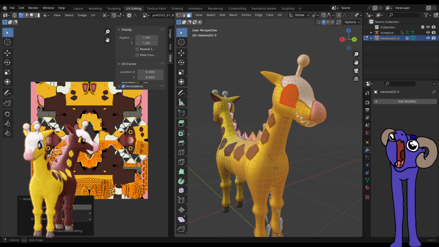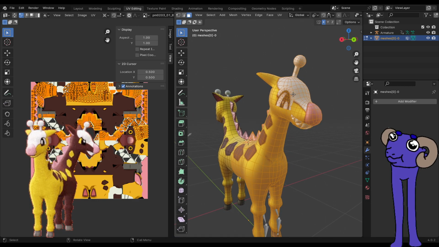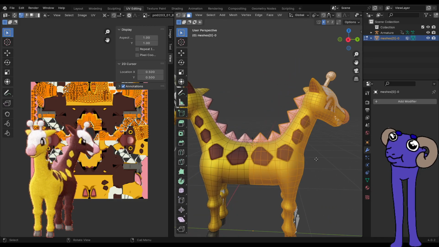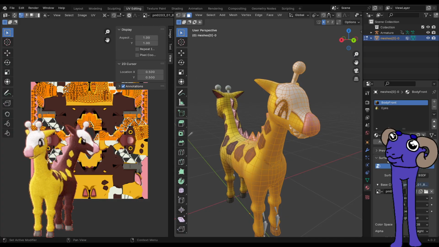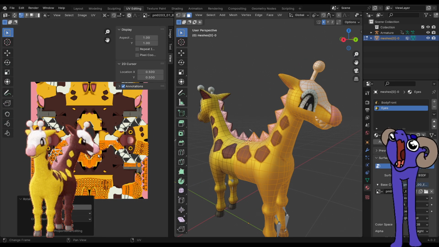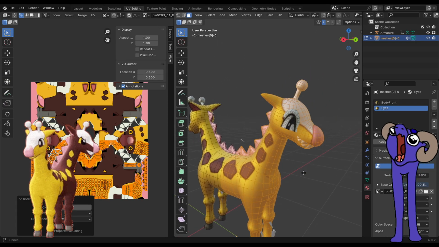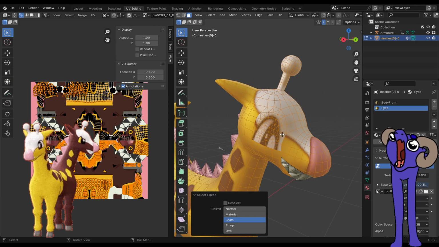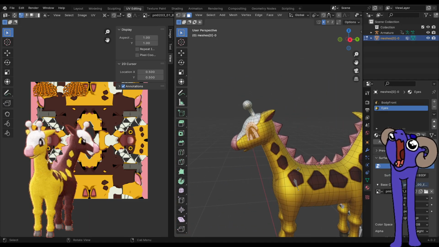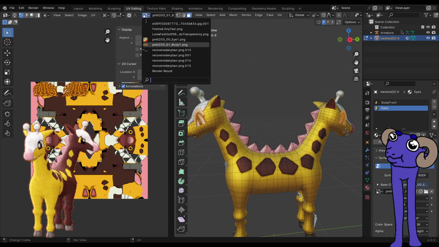Shit, I accidentally did the eyes too. Deselect the eyes, rotate 180 degrees, and then the eyes need to be fixed.